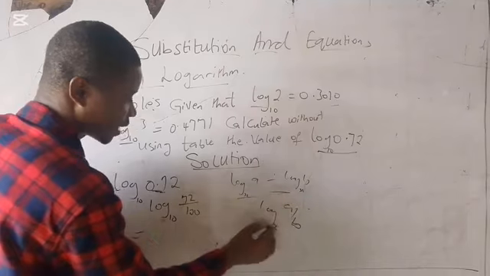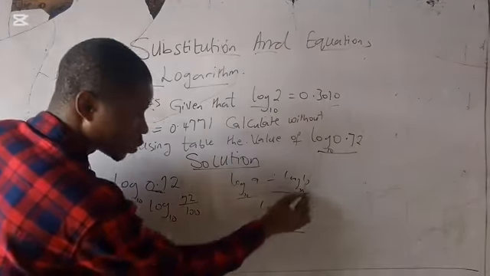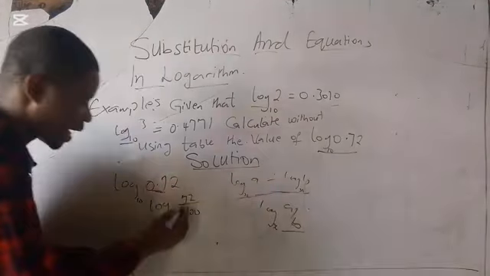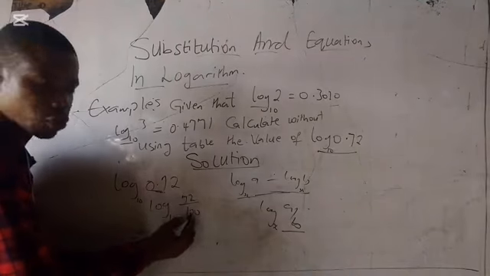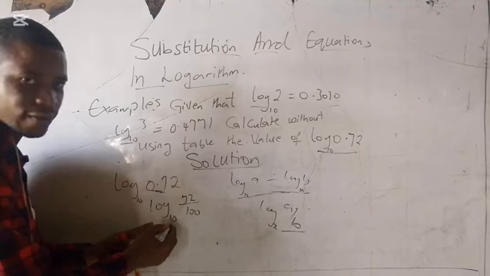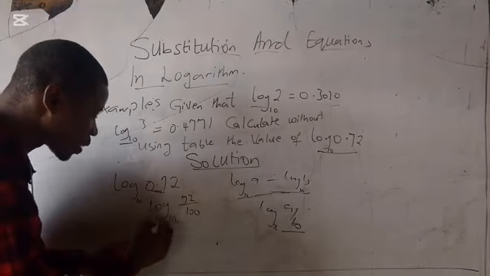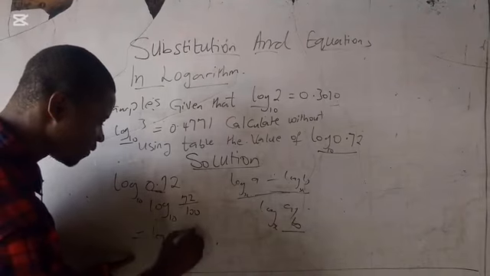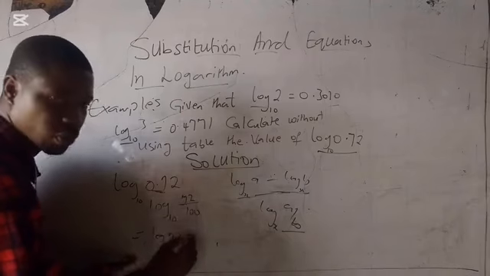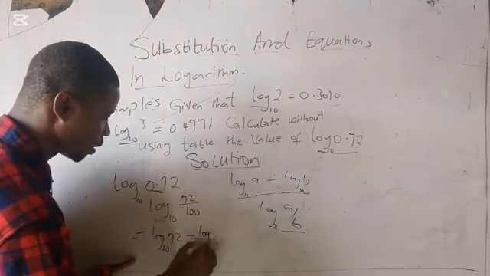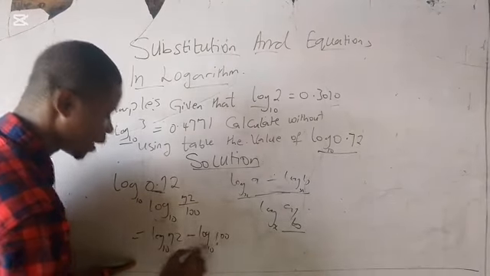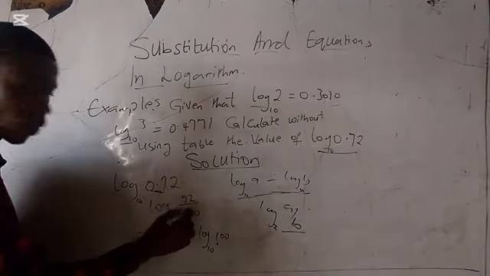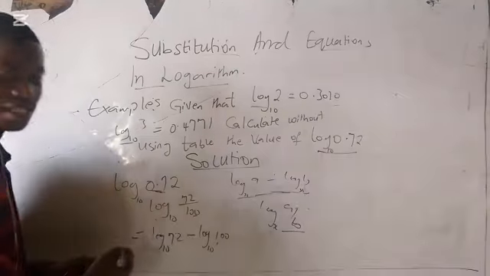So if I have this, I can write it like this, and if I also have this, I can also write it like this. Coming to this place, now I have 72 divided by 100 and I have log base 10. So I can also write this as log base 10 of 72 minus log 100 base 10. According to that law, if I have this, I can also express it as this.